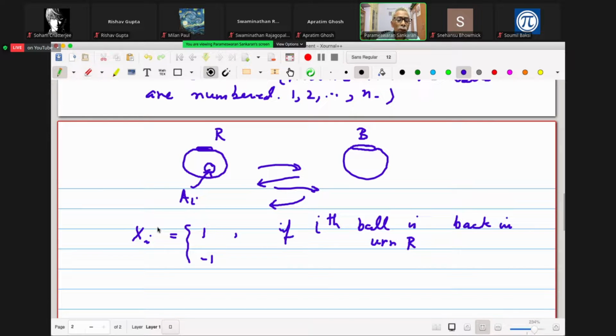You may have to label these transfers so that xi is not just a number, but a random variable.